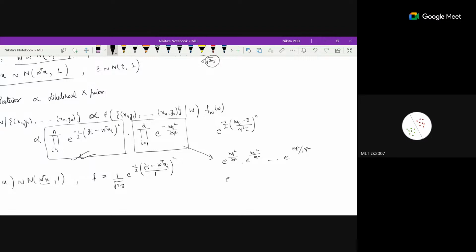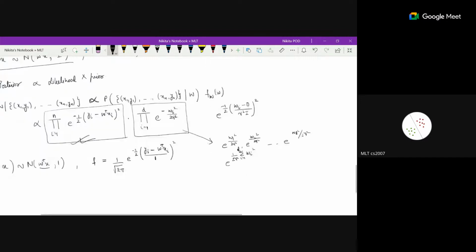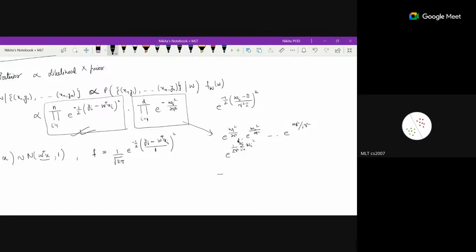So instead of the product, we can write this as e to the power sum over wi square upon 2 gamma square.